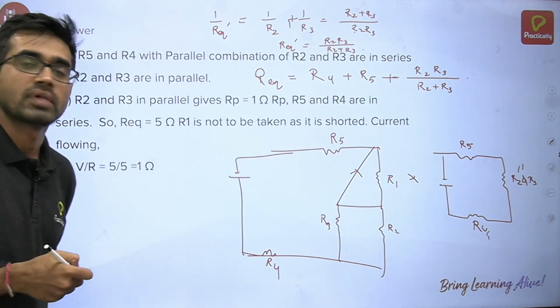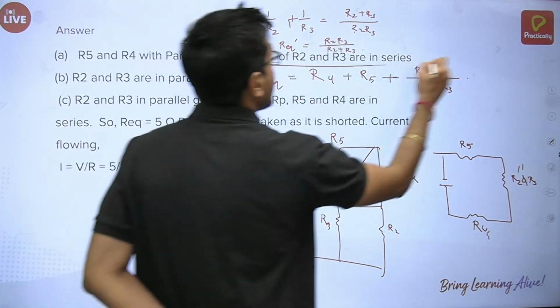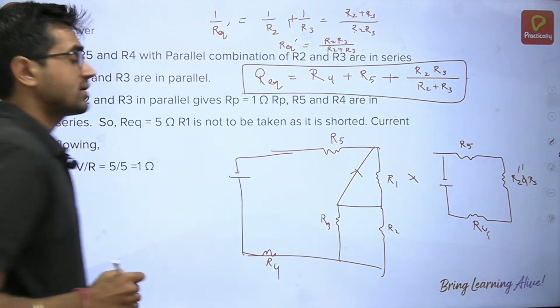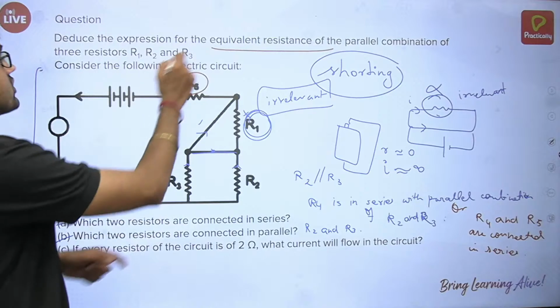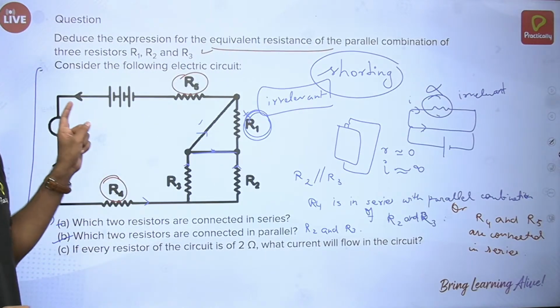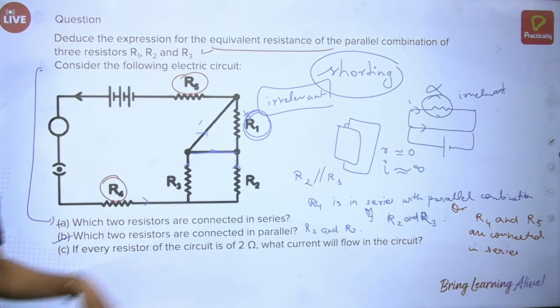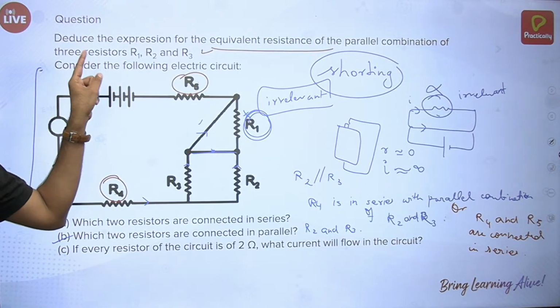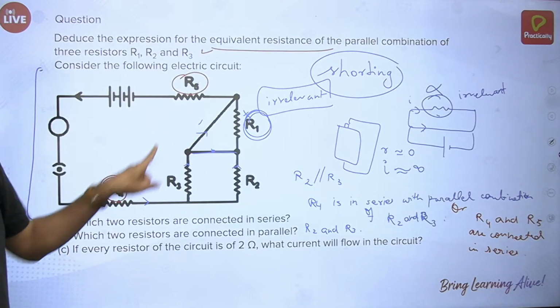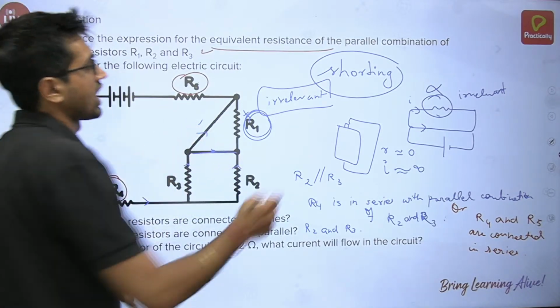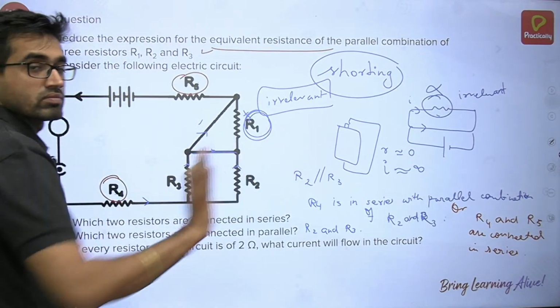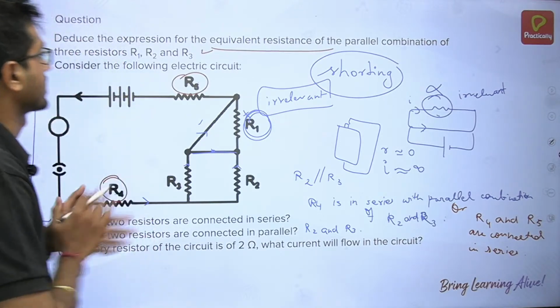I hope this is clear. Now they are saying in the question that this is something else, so this is actually wrong, you cannot deduce that. There is no R1, R2, R3 parallel combination. For this, the answer is just R2 R3 by R2 plus R3.